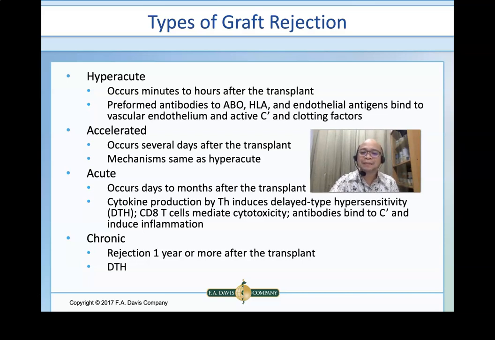The same mechanism is also involved in chronic. It also involves the DTH. However, the rejection in chronic could last for a year or more after the transplant. So, take care of your organs right now, because having an organ transplant is more complicated than you ever imagined, especially kidneys. Take care of your kidneys and other organs.